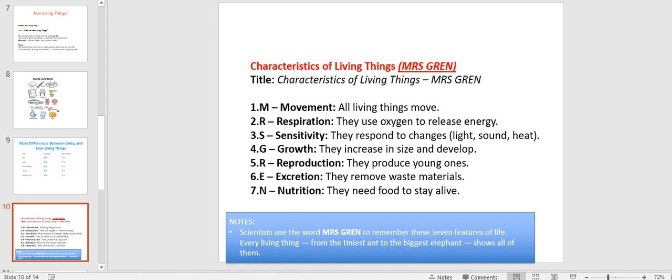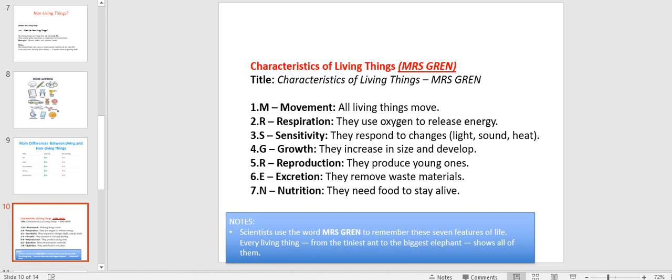Characteristics of living things. To remember the characteristics of living things, we have an acronym that is mostly used to refer to the characteristics of living things. This is Mrs. GREN.